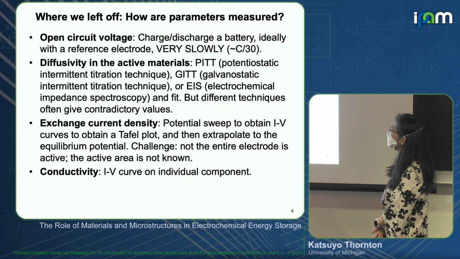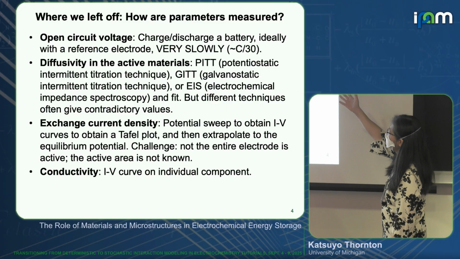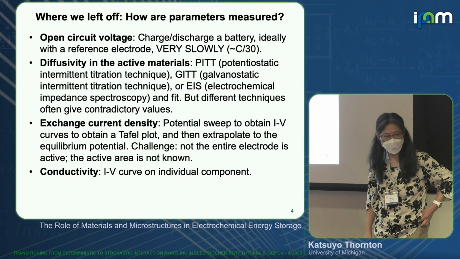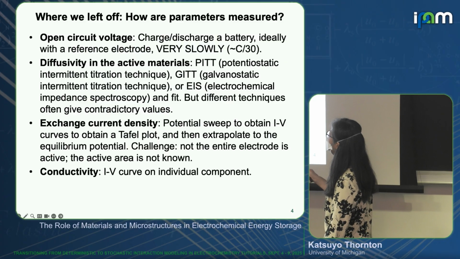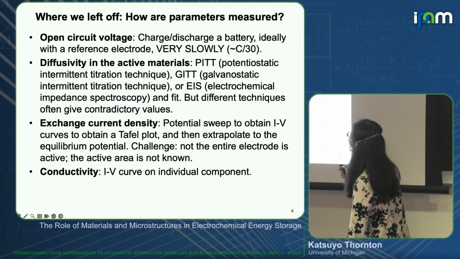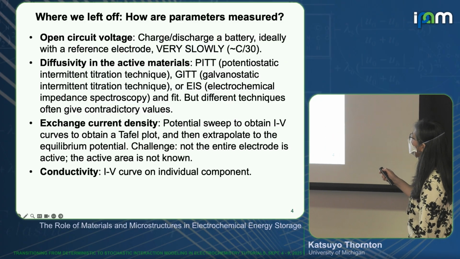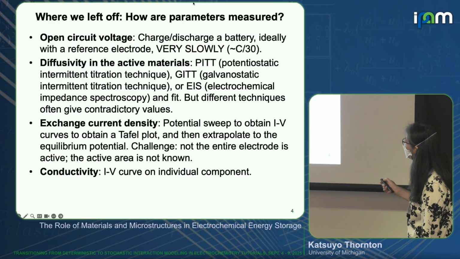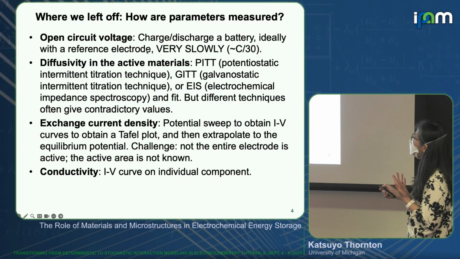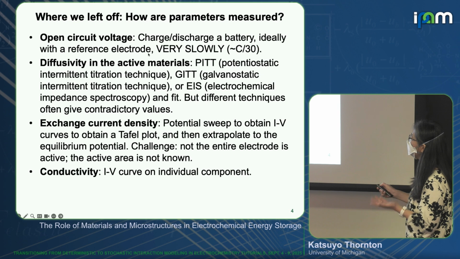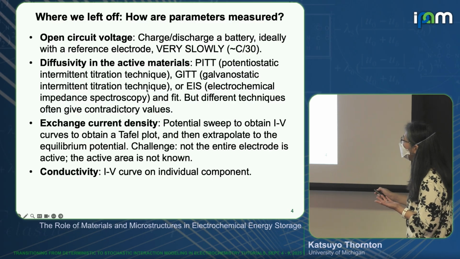So these are the different parameters that we talked about. Open circuit voltage, which is basically representative of the thermodynamics of the material, and you can measure it by charging and discharging a battery with a reference electrode very slowly.